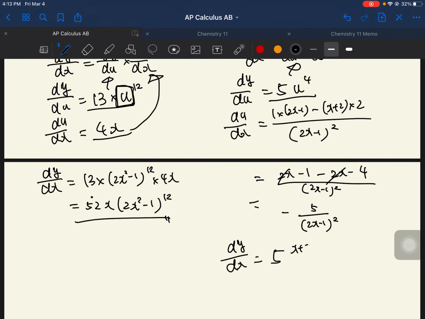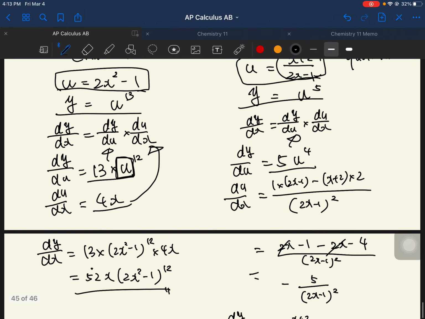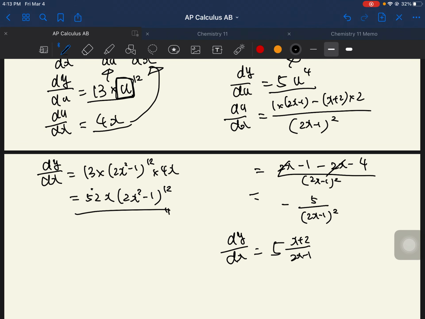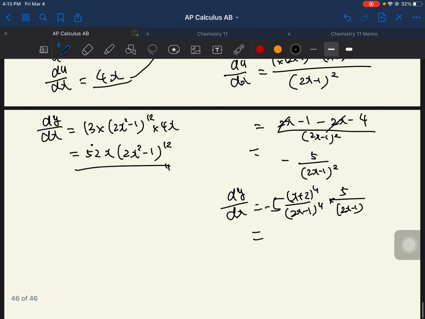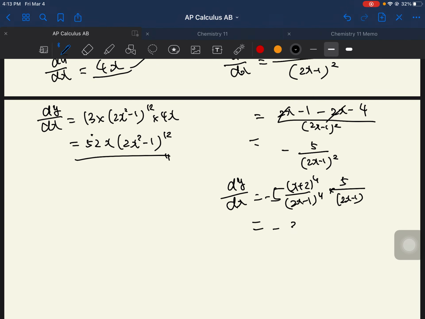So (x + 2)/(2x − 1) to the power of 4 times −5 over (2x − 1) squared. So it's going to be −25 (x + 2) to the power of 4 over (2x − 1) to the power of 6. That's it.